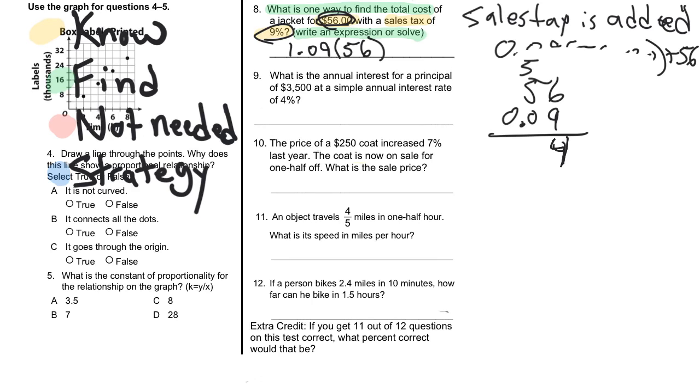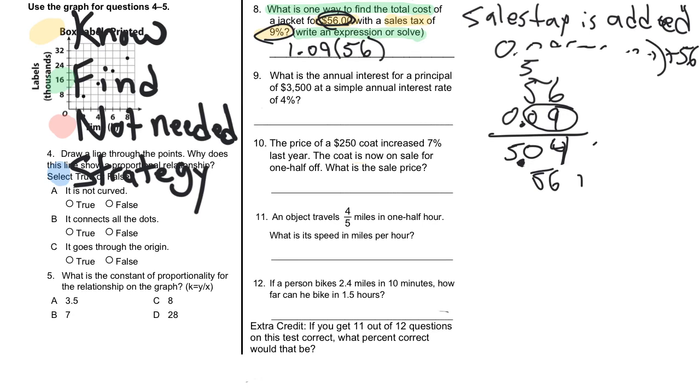Put the 5 up there. 9 times 5 is 45, plus 5 is 50. So I got 50. It's not 504 because there are 2 decimal places to the right. Right? So I need to move those back like that. And I end up with, there we go, 5.04. Now, if I'm using this original, I now need to add $56 to that, right?